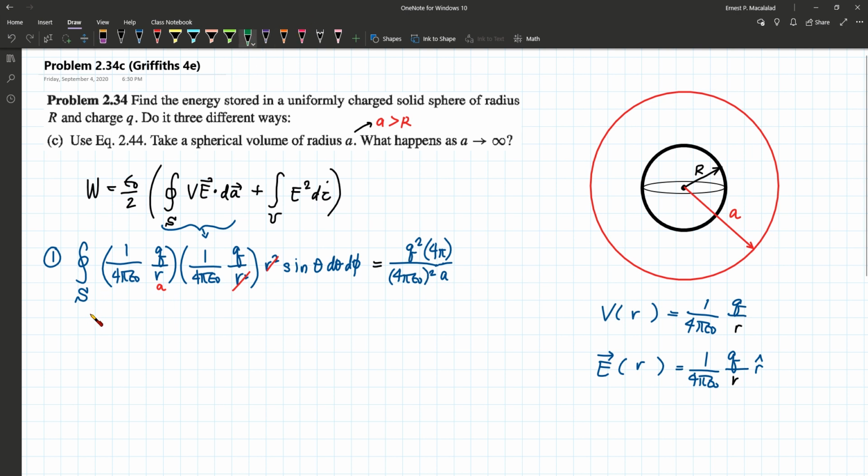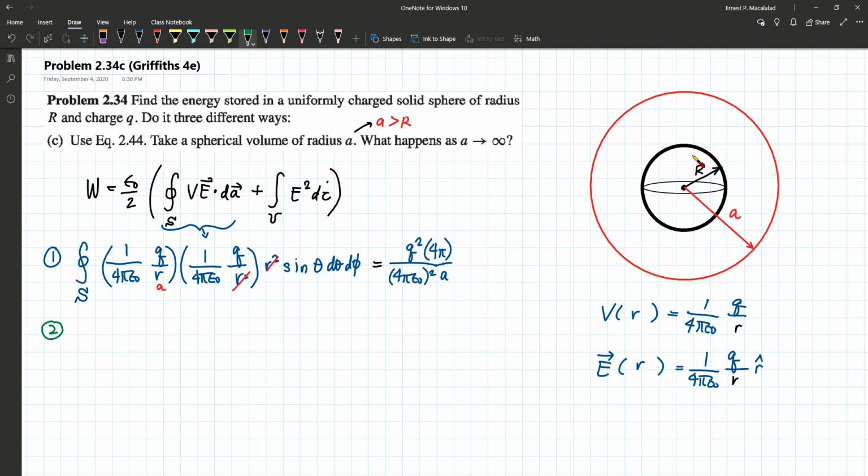Second term. You will notice here that this is the volume integral of the electric field squared for this configuration. In this case, we're going to do the volume integral within this spherical volume.